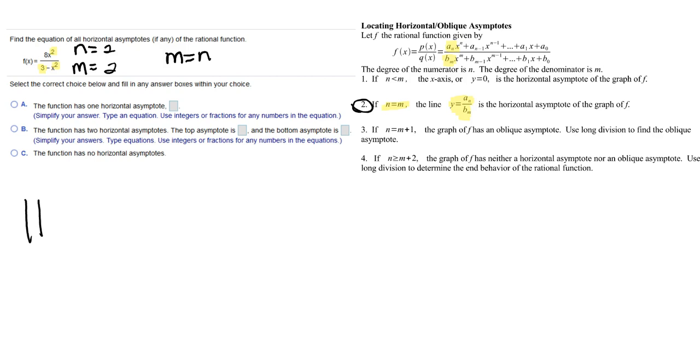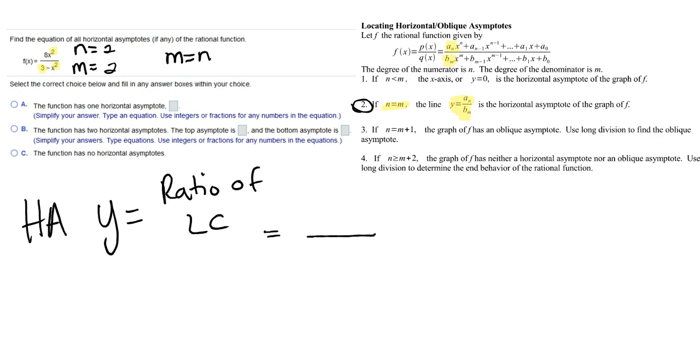So our horizontal asymptote is going to be the line y equals the ratio of the leading coefficients. So we're going to have a fraction where we have the leading coefficient from the numerator on the top and the leading coefficient from the denominator on the bottom.